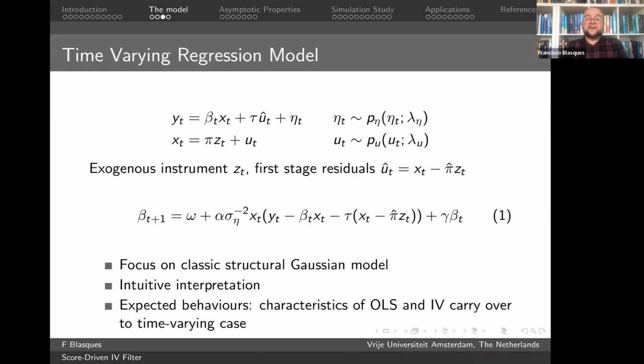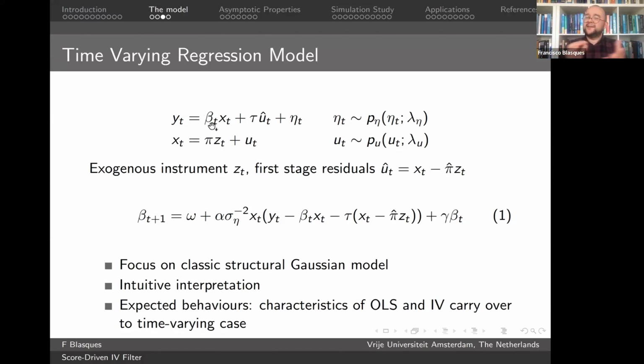So, right, this is the context. We're regressing Xt on a valid instrument Zt. We then take that residual term and plug it in the regression equation which has the time varying beta that we're interested in, right?